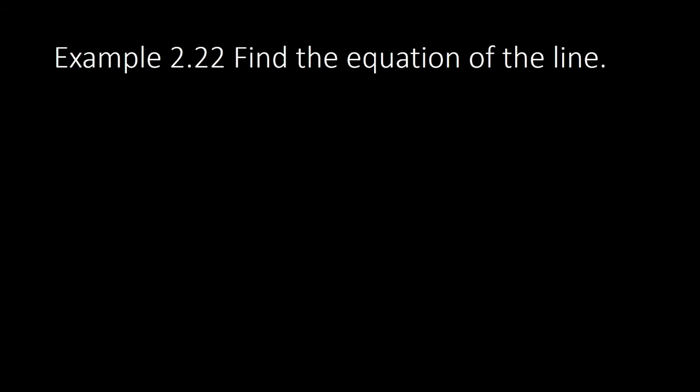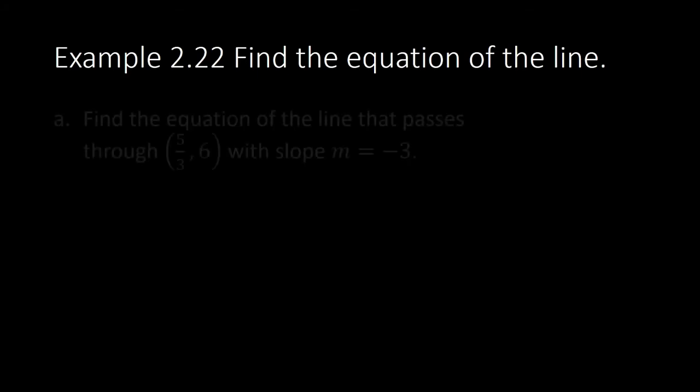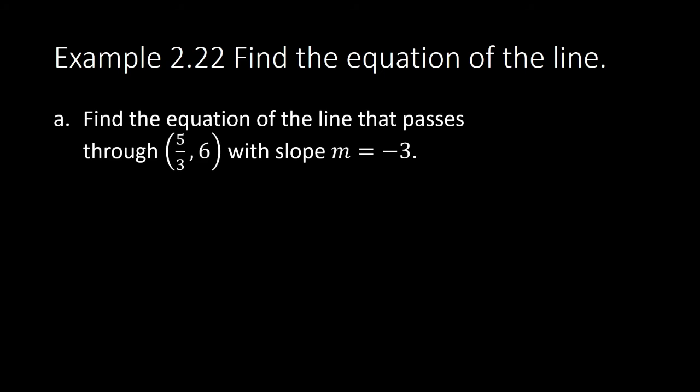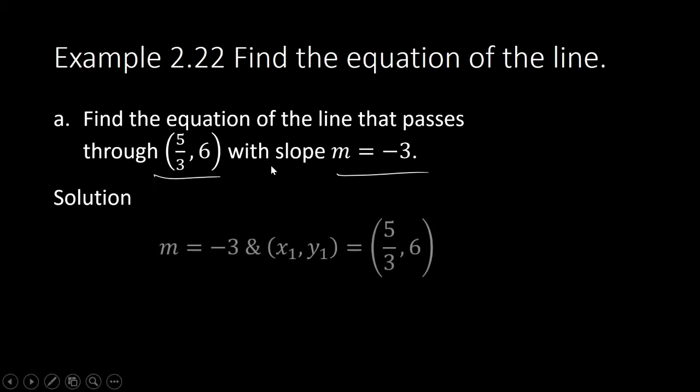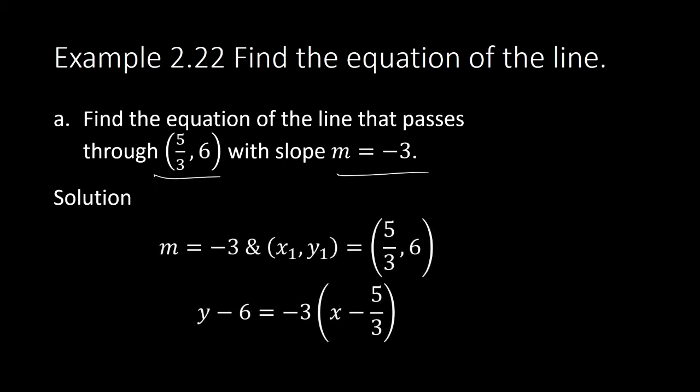Example 2.22, find the equation of the line. The line passes through the point with coordinates 5/3 and 6. The slope is -3. So right away we know that we can use the slope-point form. This is the slope, this is the point. Just in case your teachers require you to write this in slope-intercept form, well, go ahead.